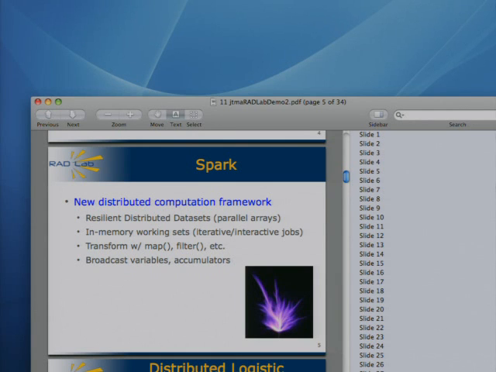You can work with them in memory, caching them if you need to work with iterative and interactive style jobs. You transform these RDDs using maps, filters, and so on. And there's a limited form of shared memory at the moment in the form of broadcast variables, that is the one-to-many type of data sharing, as well as accumulators, which is a many-to-one style.